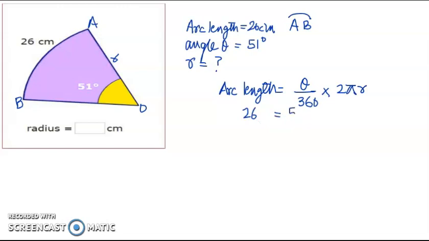Theta is 51 degree and 360 is already in the formula, and then 2 times pi, and r we have to find. So finally, after plugging in different values, we get this equation, and from this equation you have to find r.